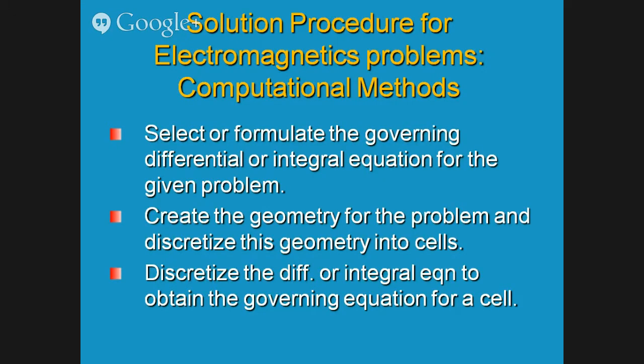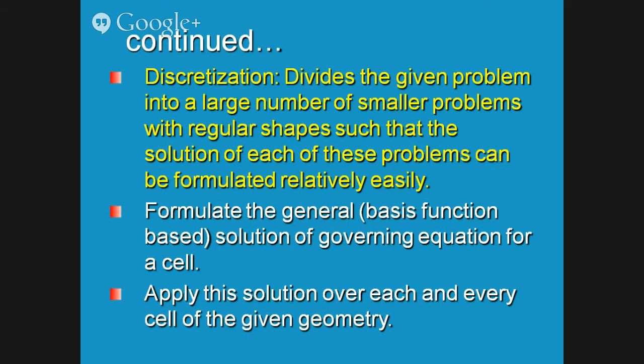That is what we describe as the discretization. When we discretize the geometry, we are dividing the given problem into a large number of smaller problems with regular shapes such that the solution of each of these problems can be formulated relatively easily.